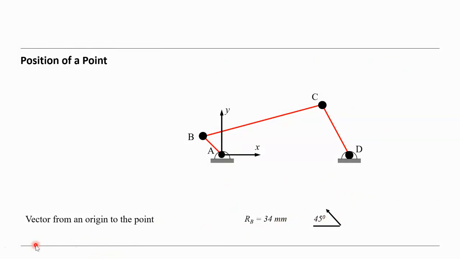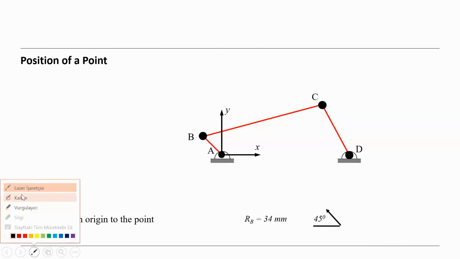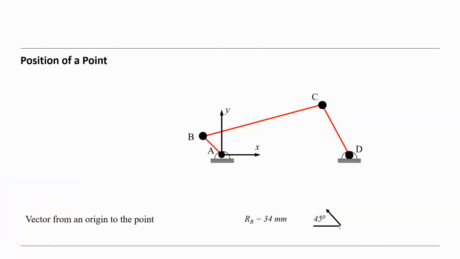Let's say if we talk about this vector here, and we need the magnitude, which is here, let's say 34 millimeter position vector, therefore millimeter or meter, and this is the angle here. And the angle is, let's say 45 degrees. So then we know the position of this vector.